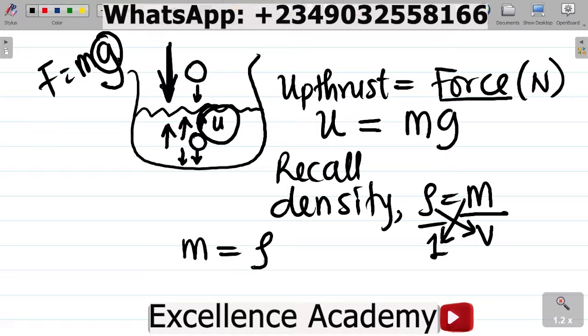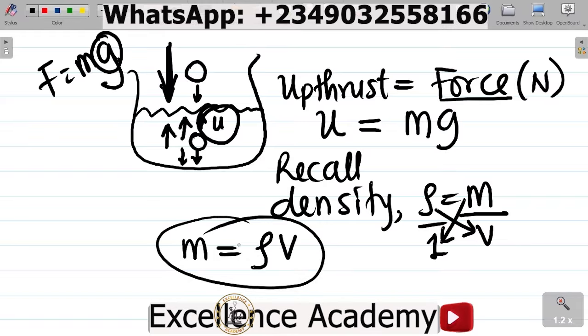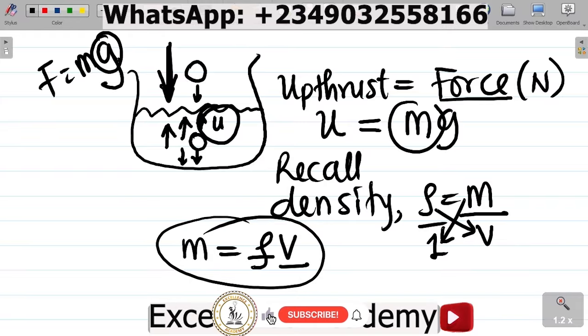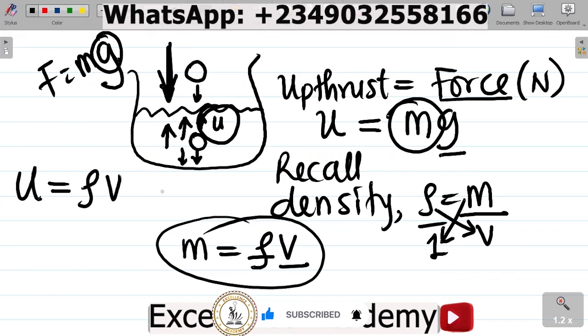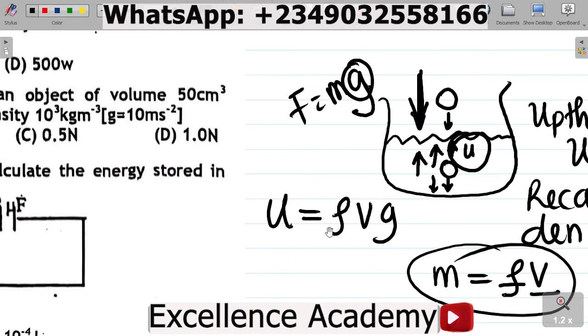That means mass can be expressed as the product of density and volume. If I bring this into this equation here, you have that U, upthrust, is equal to, in place of mass, density times volume, and then we have what there? Gravity. So we can calculate upthrust by multiplying density with volume and then with gravity.